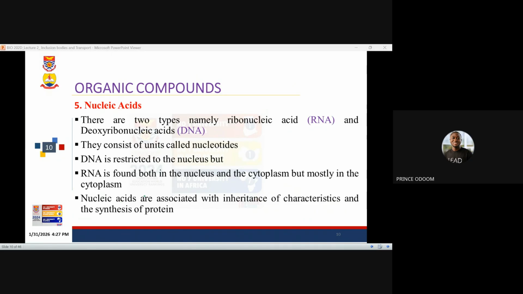Nucleic acids are associated with inheritance of characteristics and synthesis of protein. So inheritance, the genes, what you pass on to your next generations, are all associated with your nucleic acid. So you could see that when there's any defect in any of the genes or nucleic acids, it has serious consequences.